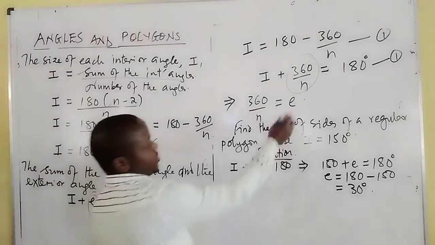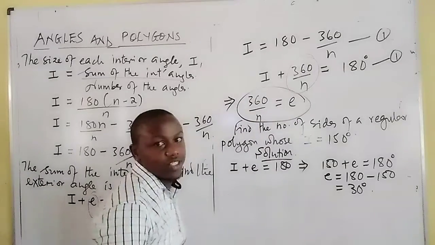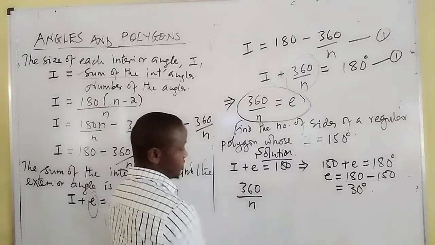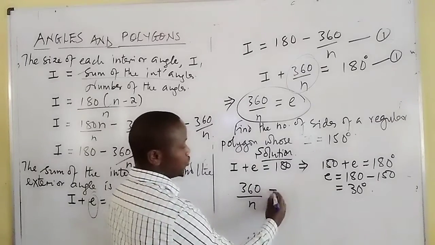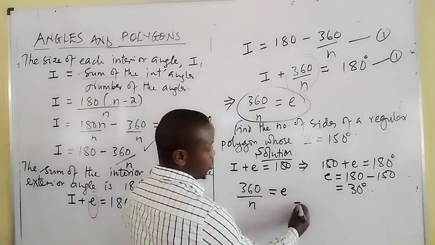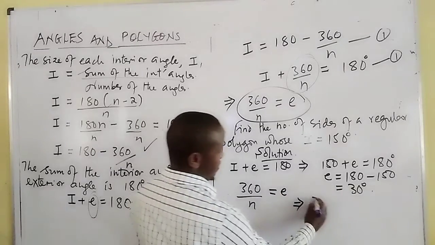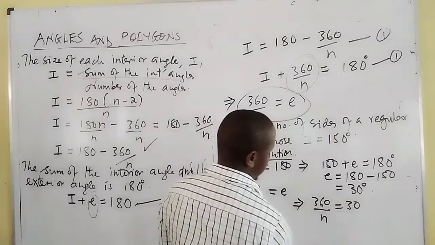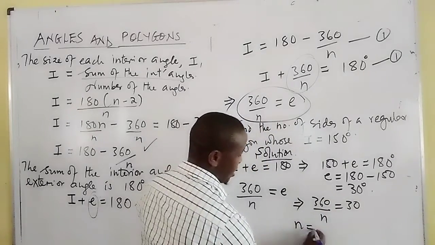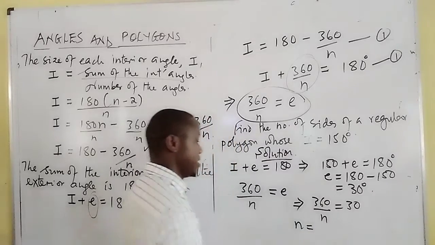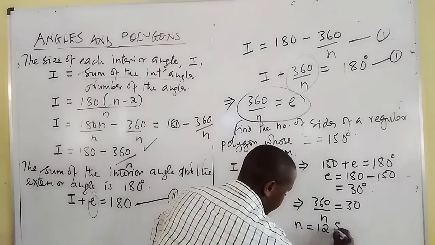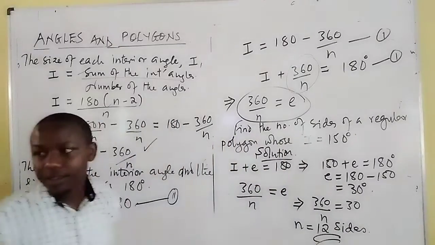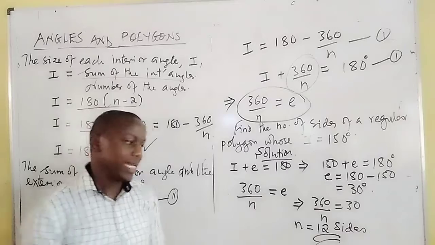And according to this relationship, 360 all over the number of sides in a polygon should give us the exterior angle. So 360 all over n will be equal to 30. So n will be given by 360 divided by 30. This will give us 12 sides. Therefore, the figure is 12-sided.